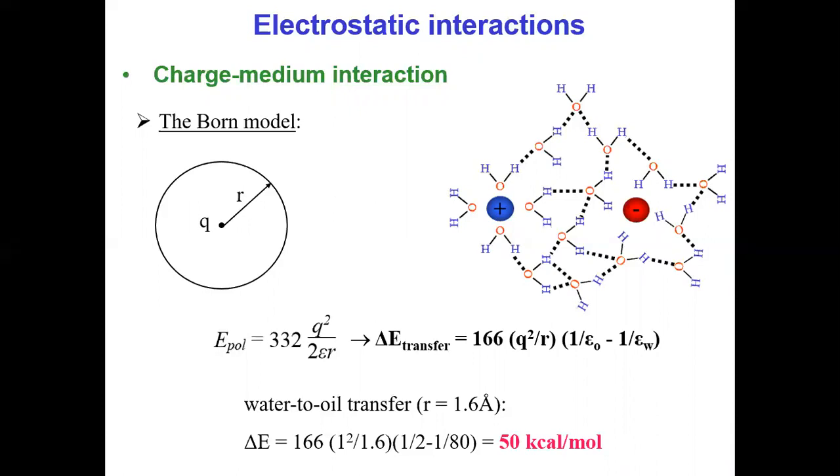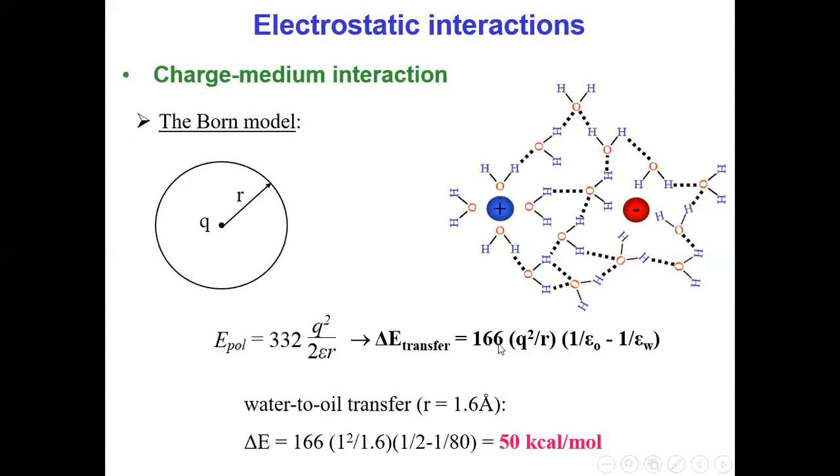And we have low dielectric compartments like the plasma membrane that surrounds each cell, the inner membrane inside the organelles in eukaryotic cells, and the blood-brain barrier. So it's often important for us to be able to calculate how much energy we need to transfer a charged molecule from one compartment to another.